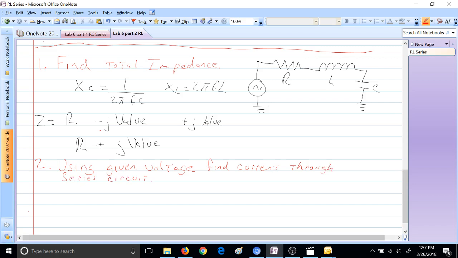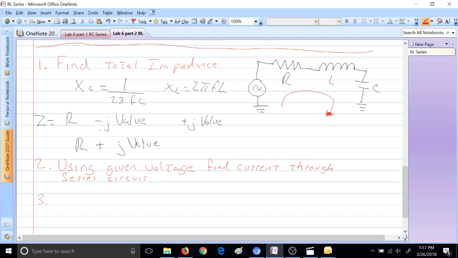Alright. And remember that the current is the same across each component in a series circuit. So once you calculate current once, it's going to be the same value for R, the same value for L, and the same value for C. So you just need to do this once for a series circuit.